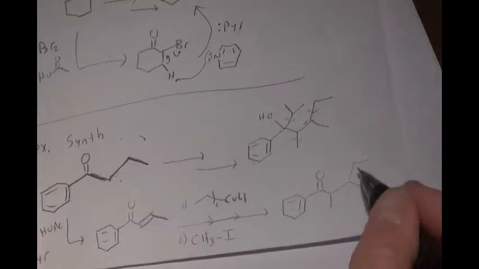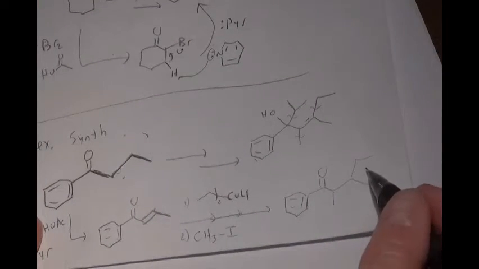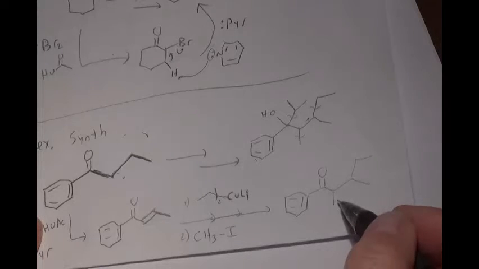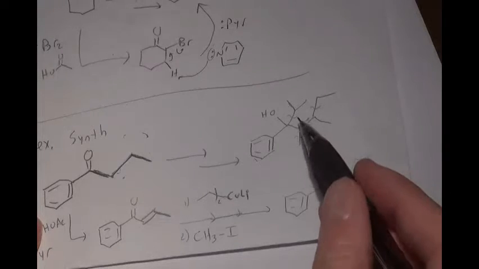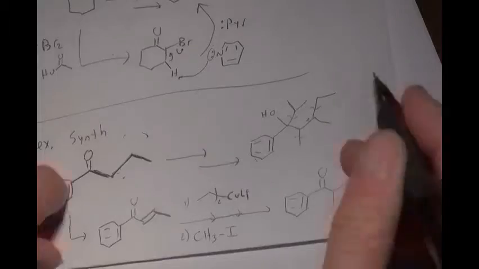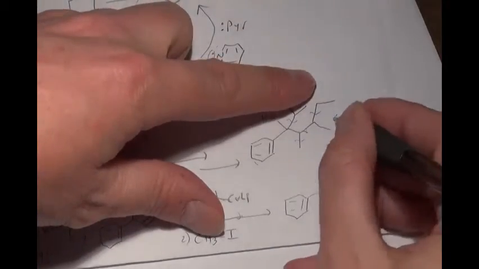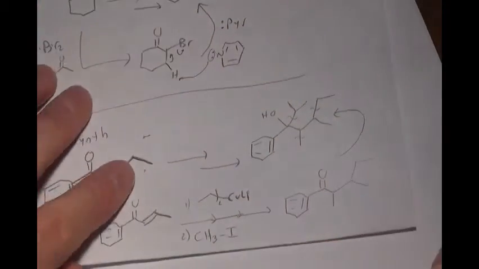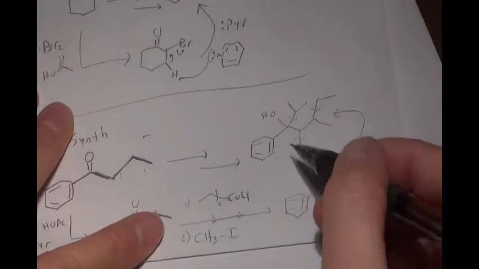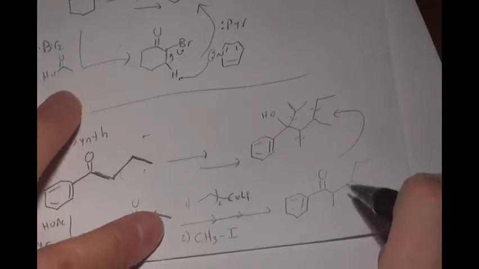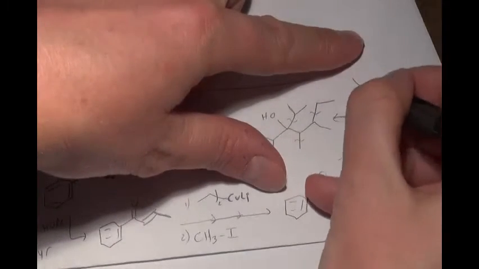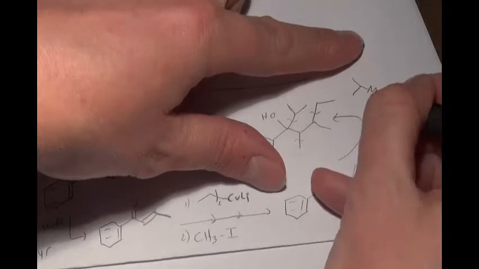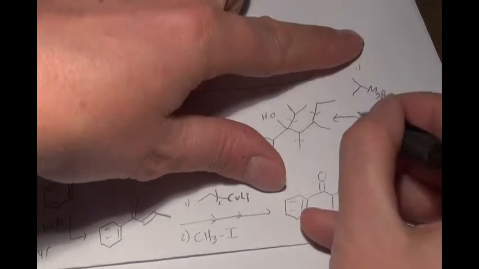So that installed the ethyl at the beta carbon, methyl at the alpha carbon. Now what do we have to do? Attach the isopropyl group to the ketone. How do we do that? It's a Grignard. So now it's isopropyl MgBr. That's step 1. What's step 2 of a Grignard? Water.